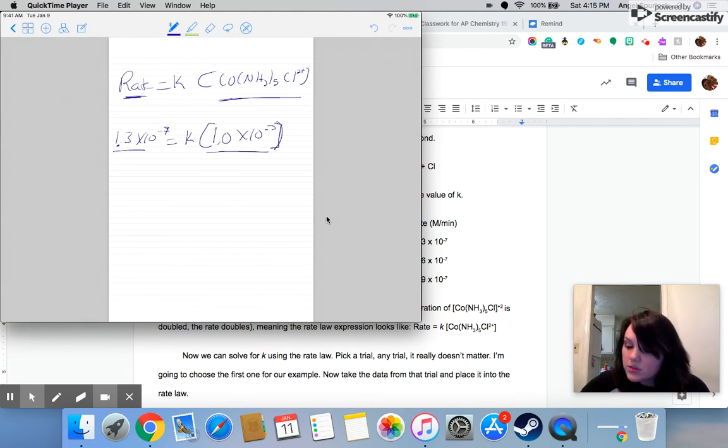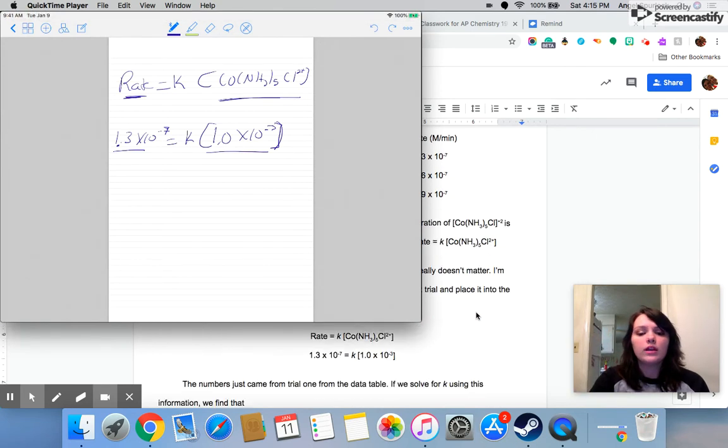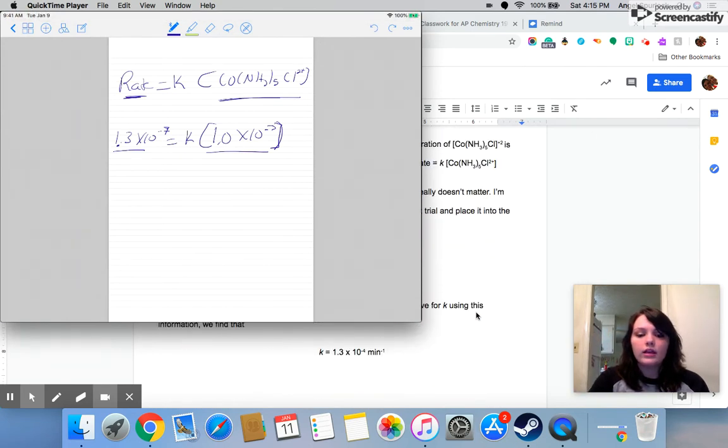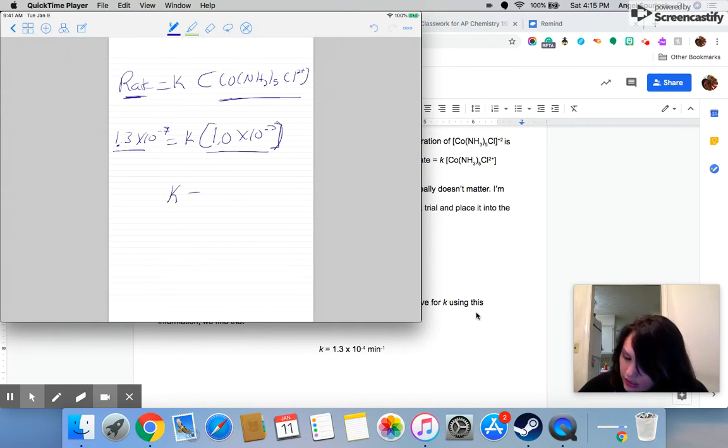Notice there's no exponent here because it's raised to the first order. So I don't have an exponent there. And then I can just solve this algebraically. So I go through and I divide the two numbers and I end up that k is equal to 1.3 times 10 to the negative 4.